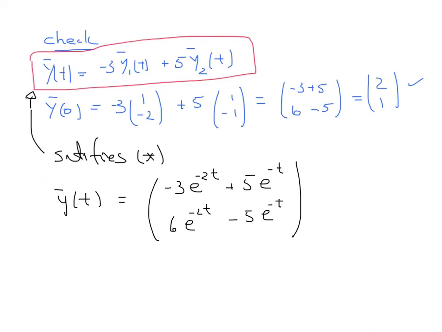This would be our solution. The top term would be our y of t, I apologize, I keep using x's and y's instead of y's and v's. This is how our position is behaving, and the bottom term is our velocity. And that's it. Thank you.